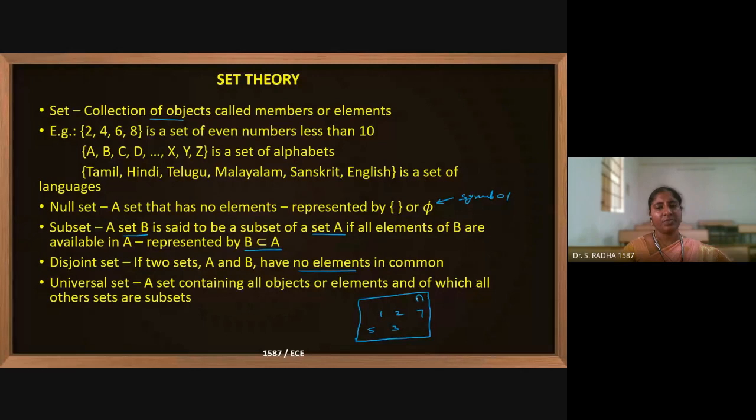This is set A, having the elements 1, 2, 7, 3, 5. If I make a circle containing 1, 2, 3 alone and name this set B, this is set B having elements 1, 2, 3. Now A is called the universal set and B is a subset of A. If I take only element 7 and name it set C, B and C are subsets of A.